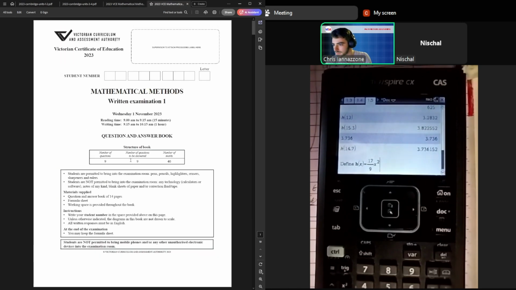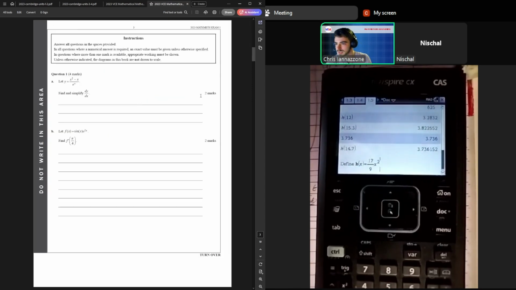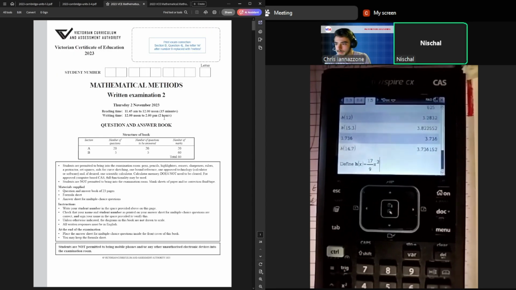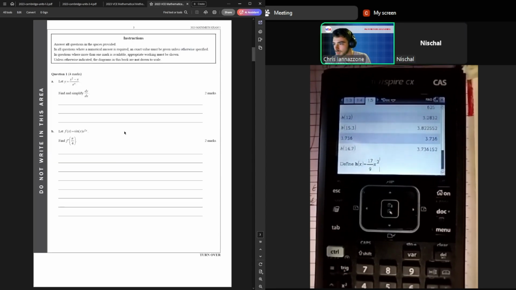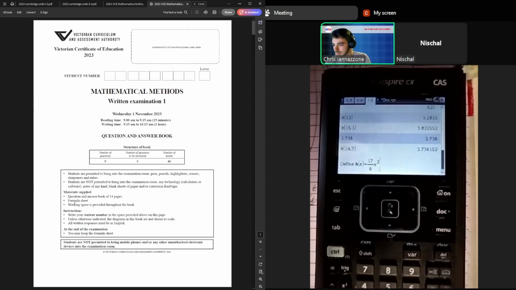So you get 15 minutes reading time and an hour to complete that one. Both of them give you approximately 1.5 minutes to solve each mark. So this being a 2-mark question, you've got a time budget of about 3 minutes to solve it. One thing I should specify with the tech free is that it's no calculator, no notes, nothing like that.